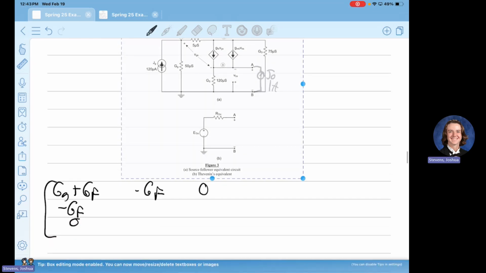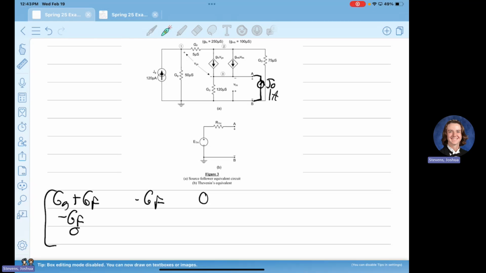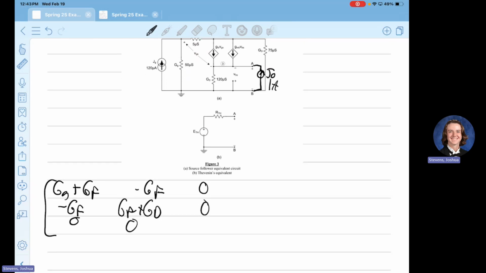All right. So the things touching node 2 are GF, GD. What's being shared between 2 and 3? Nothing. And what's touching node 3?